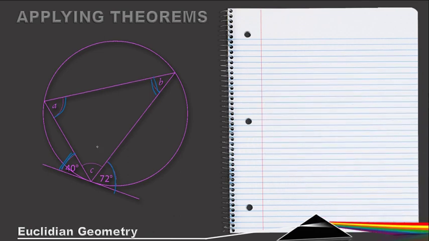And then finally, to find C, we can use either angles on a straight line, which add up to 180, or we can use angles of a triangle, which also add up to 180. So first thing, A is equal to 72 degrees, and our reason is tan-chord theorem. And then we know that B is equal to 40 degrees, also tan-chord theorem.